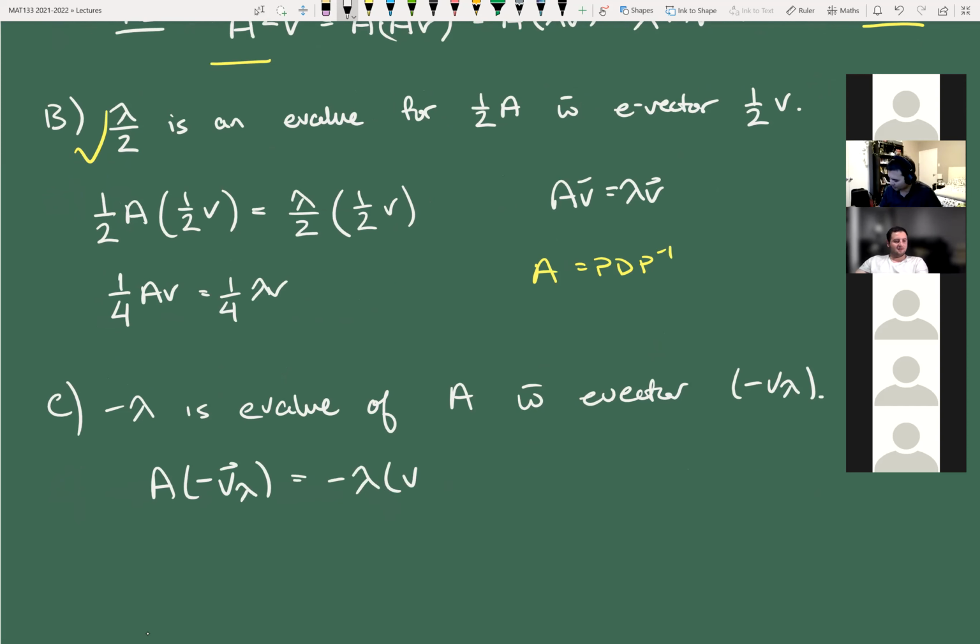Negative lambda or V. I guess we've just been calling it V, right? And do you see that this one doesn't work? Because it actually has too many minus signs, right? So on this side, we get negative AV, but on this side, we just get lambda V. And so it doesn't work out because we have too many minus signs.